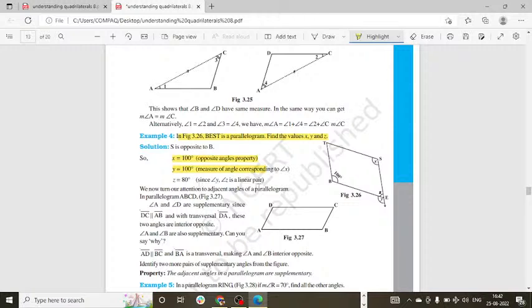Now Y is also equal to 100 because this angle is corresponding to angle X. Now Z is 80, and why is it 80? Since angle Z and angle Y are a linear pair, it will become 80.